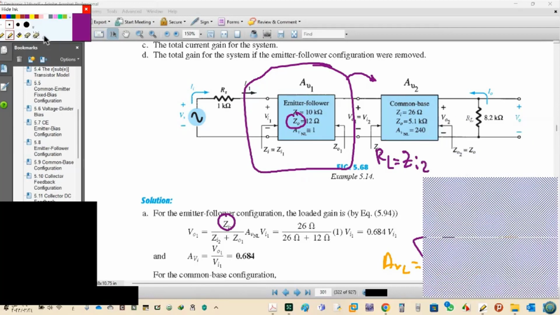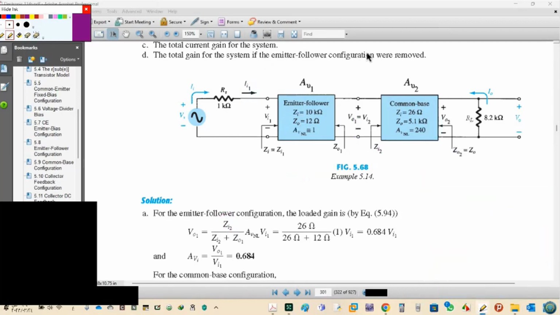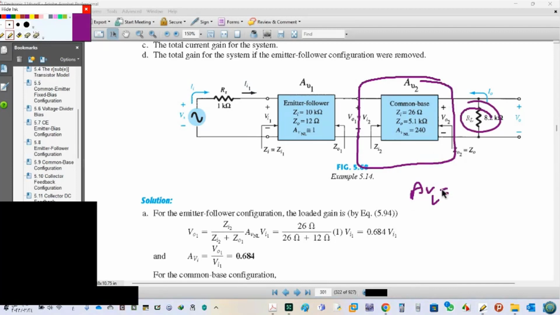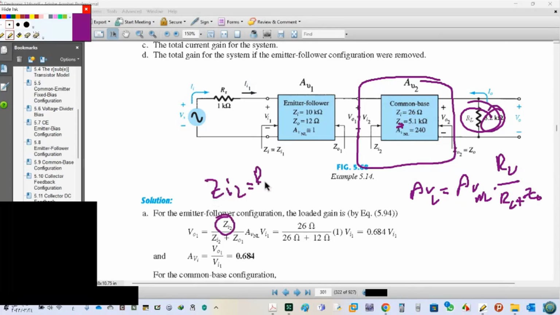Now for the other part, let's calculate. This one is easy. I have RL, so it is AV load, AV no load multiplied by RL, 0.2 over RL plus ZO. You can find it directly. But the trick here is that ZI2 equals RL.